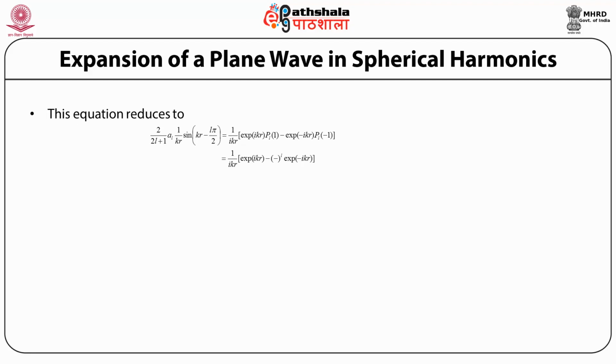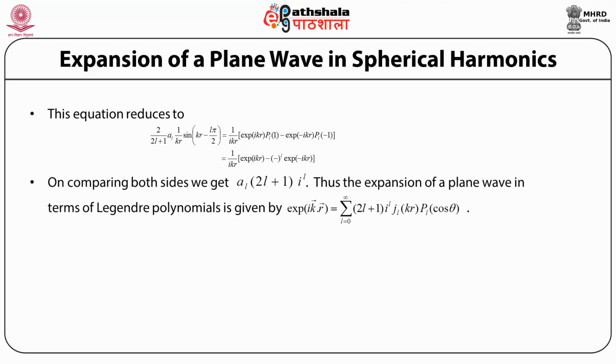2 over (2L+1) times A_L times 1 over kr times sin(kr minus L pi by 2), which is equal to 1 upon ikr times [exp(ikr) P_L(1) minus exp(-ikr) P_L(-1)], which is again equal to 1 upon ikr times [exp(ikr) minus (-1)^L exp(-ikr)].